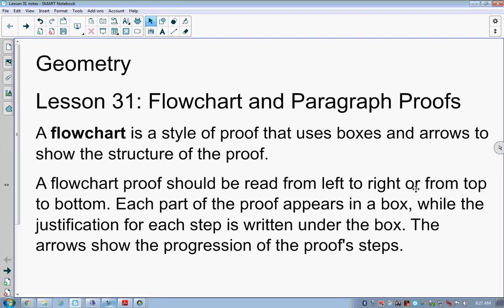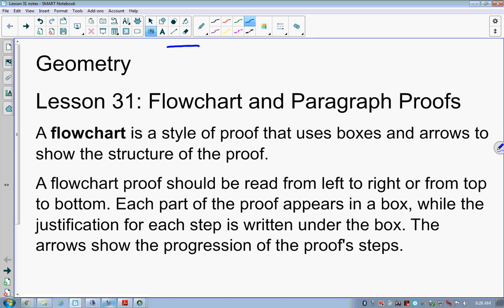A flowchart is a style of proof that uses boxes and arrows to show the structure of a proof. Think of it not like a Venn diagram, but a diagram in general of the steps used to get to a conclusion. A flowchart proof should be read from left to right if it's being done from left to right. We can do it from left to right or from top to bottom.